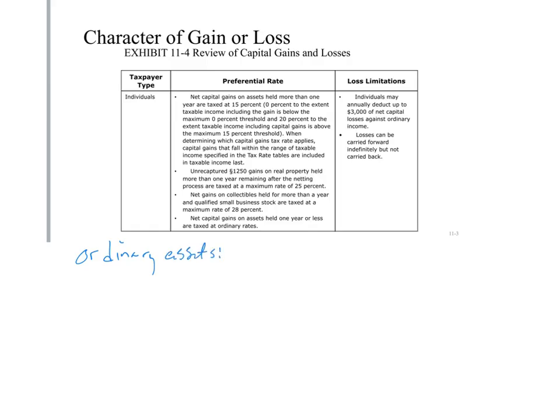ordinary assets. So you've got several examples of things that would be classified as ordinary assets. Assets created in a taxpayer's business.